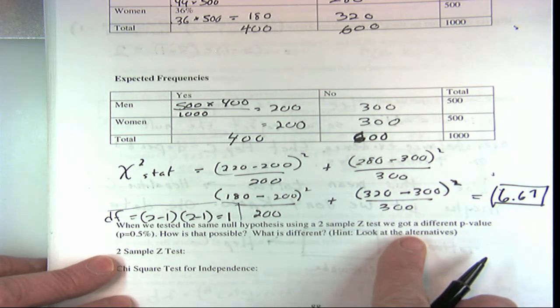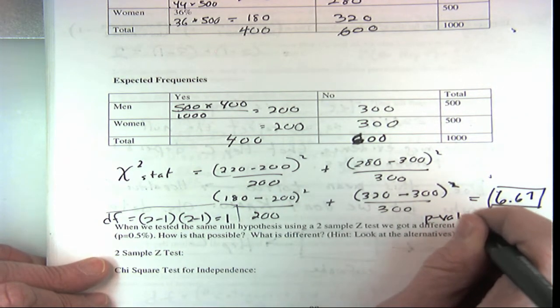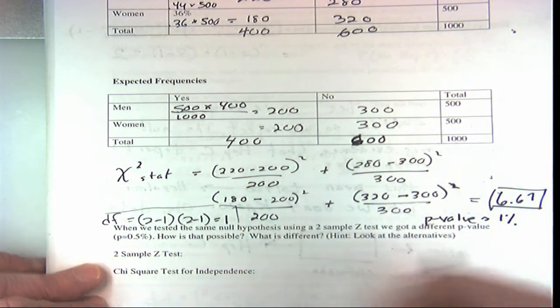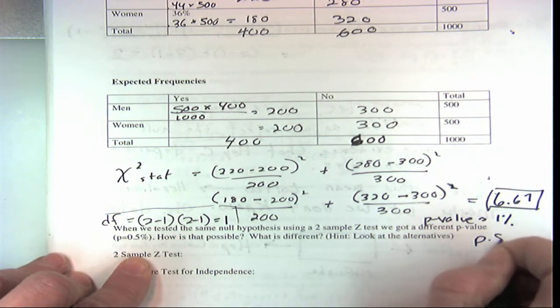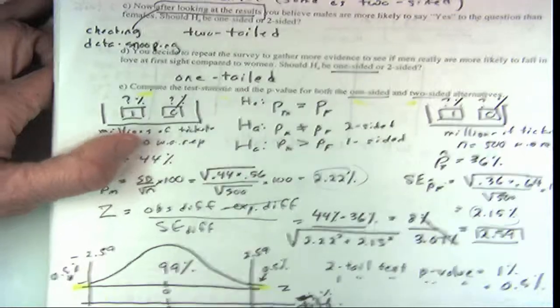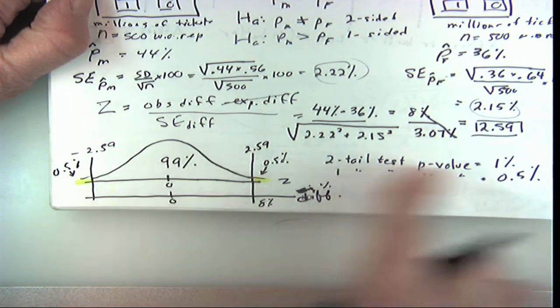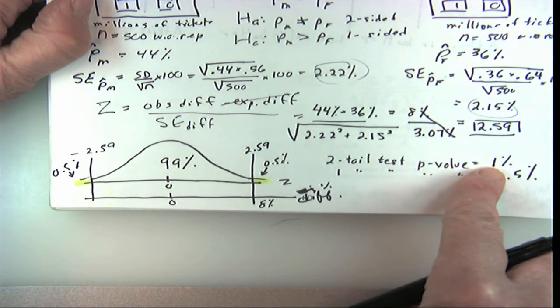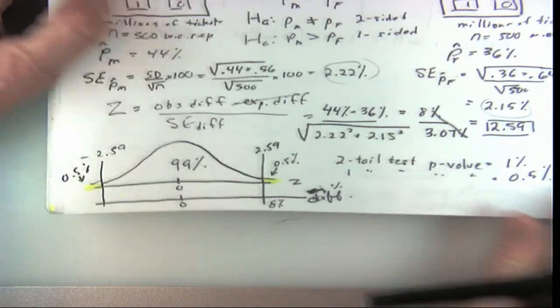We can look that up, and you get a p-value, I already did, of approximately 1%, which is exactly what we got before on page 80. If you look at page 80, we did it as a 2 sample z, in which case we got 1%. This is equivalent to a chi-square. As a 1 sample, we got 0.5. So it's a nice illustration of that.